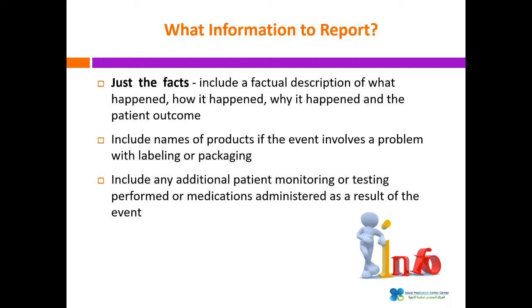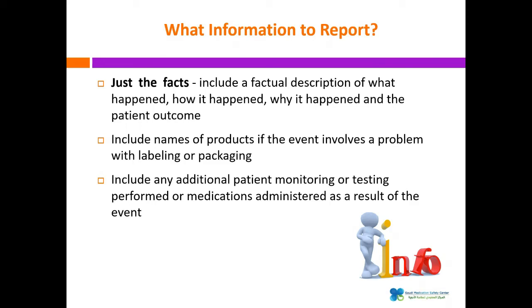However, what we need is a factual description of exactly what happened, how it happened, why it happened, and what happened to the patient, particularly if they needed any additional blood tests or investigations and any monitoring that needed to be applied as a direct result of the medication error.